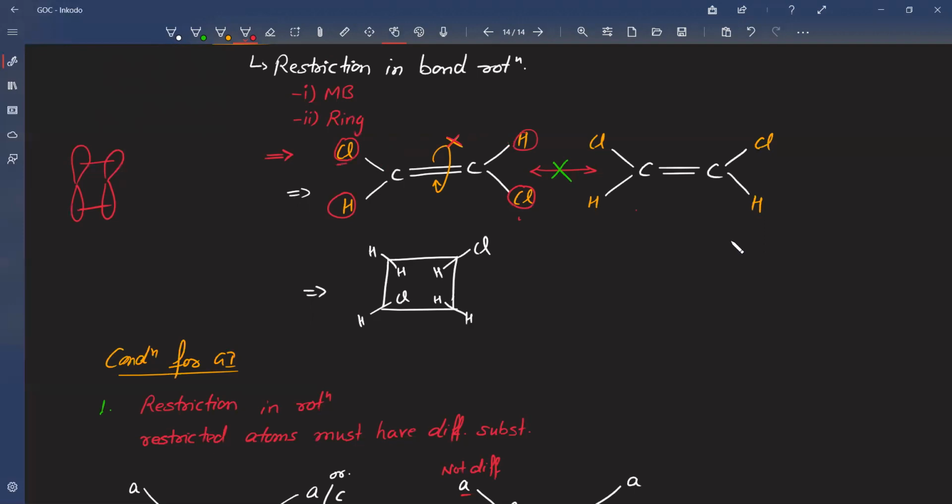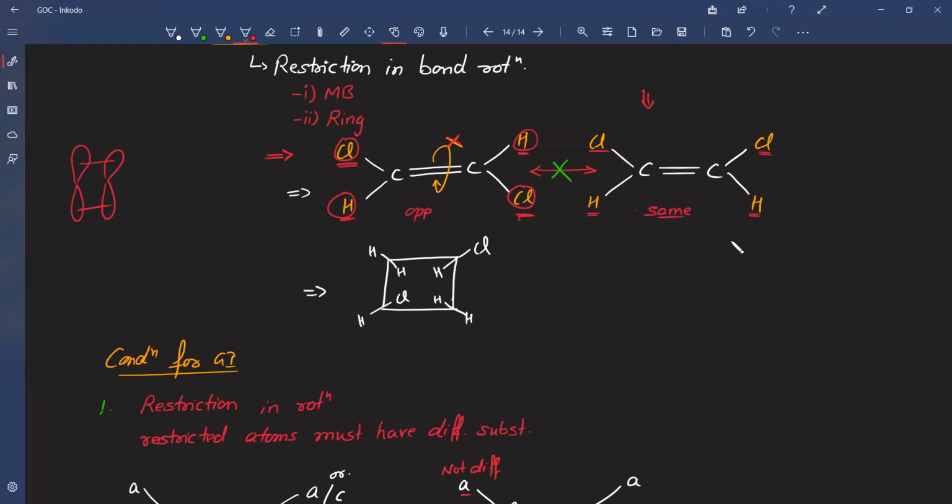So you can see here, chlorine and chlorine in the first molecule are on the opposite side. Hydrogen and hydrogen are on the opposite side. But in the second molecule, chlorine and chlorine are on the same side, and hydrogen atoms are also on the same side. So here, opposite side, here, same side.